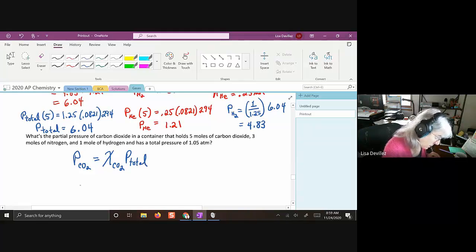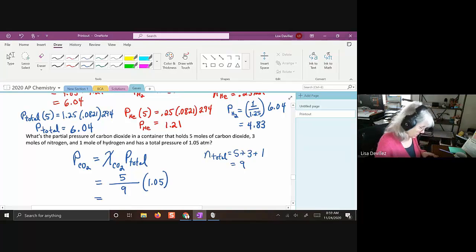So partial pressure, so moles, I've got 5 moles of CO2 over my total, which is going to be 5 plus 3 plus 1, so 9. So 5 over 9, and it gives my total pressure as 1.05.